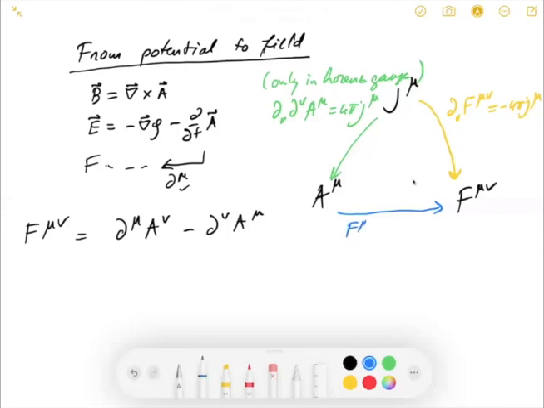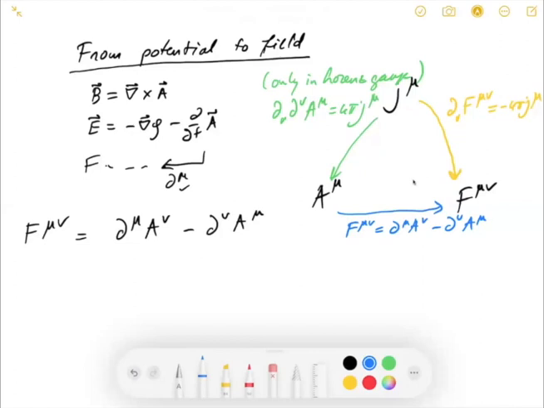So now we can go this way. We just say F mu nu is del mu A nu minus del nu A mu. The beauty of this notation is also that now it's immediately obvious that F mu nu is anti-symmetric in the indices, right? Because you just swap the indices and you pick up a minus sign.